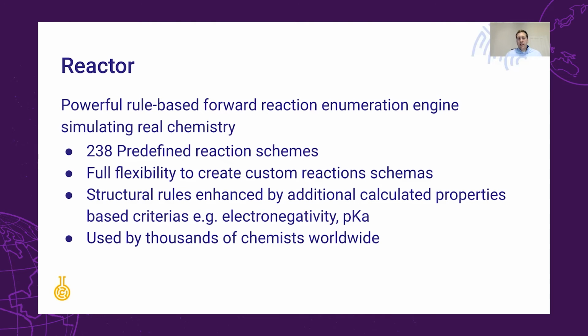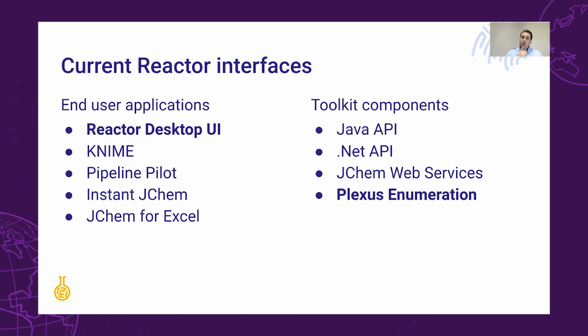The application, as I mentioned, is quite major and widely used. It has thousands of chemists worldwide who are satisfied and give continuous feedback on it. Reactor has multiple interfaces currently that you can use depending on your needs.